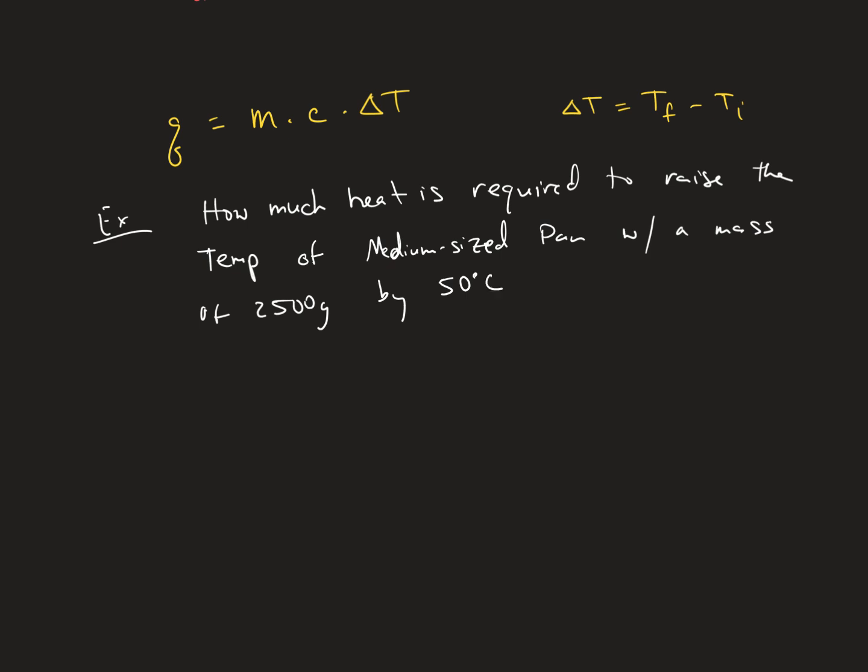So the things we have to know is the specific heat capacity, if in this case it's an iron pan, is 0.449 joules per gram degree Celsius.